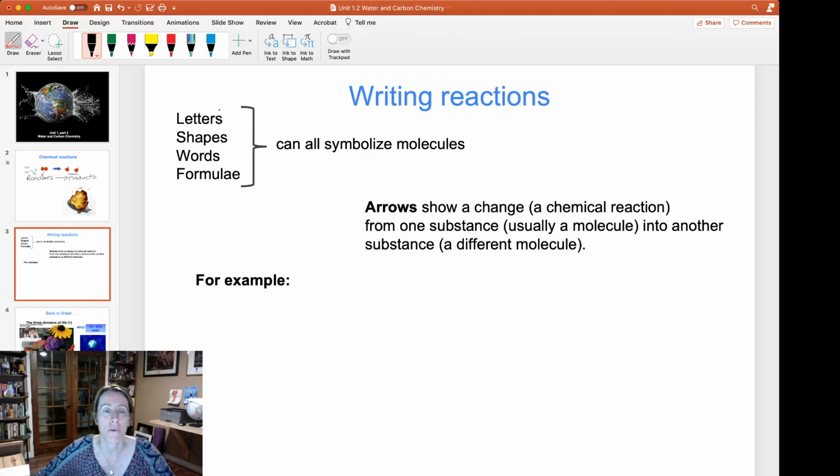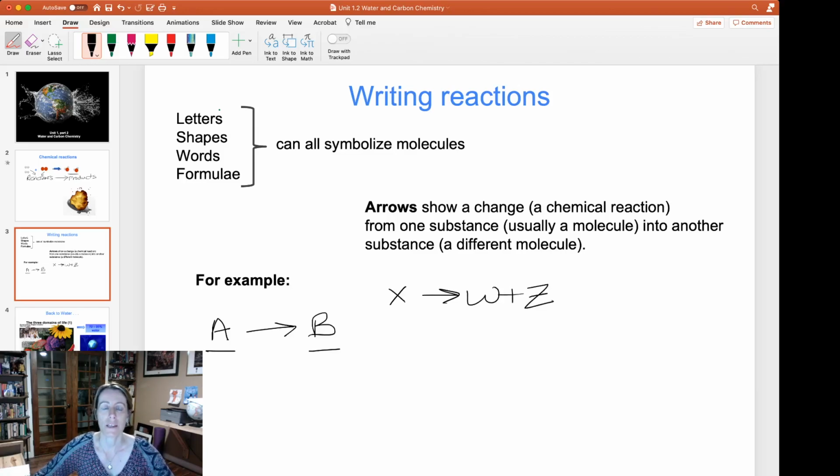So for example, we could say A turns into B. In this example, A would be my reactant and B would be my product. I could also say X turns into W plus Z. In this one, X is my reactant, W plus Z are my products. So in this case, I'm breaking X down into two things, so I have one reactant, two products.